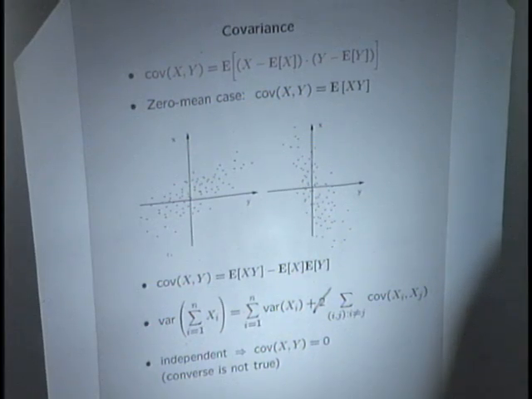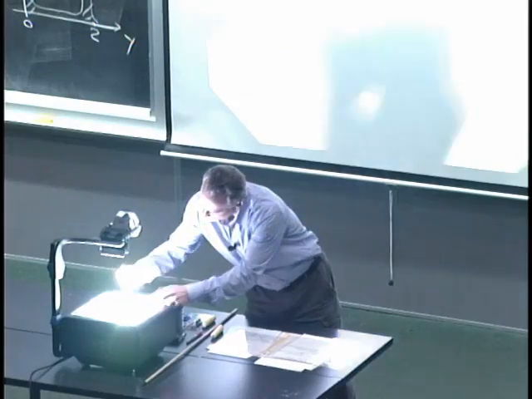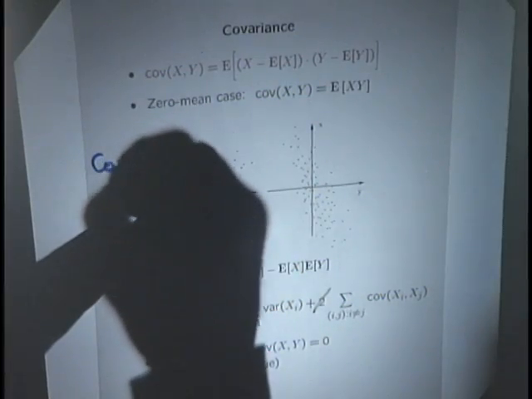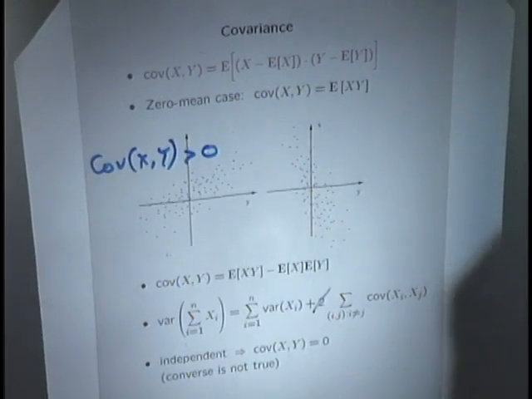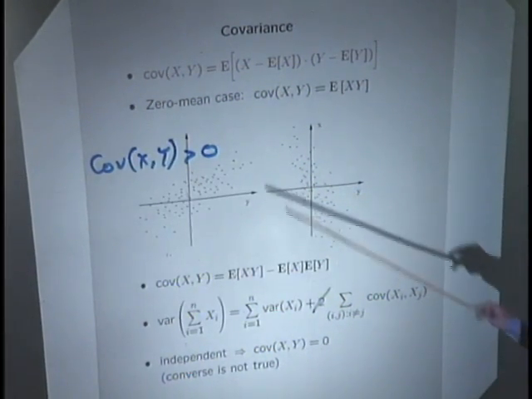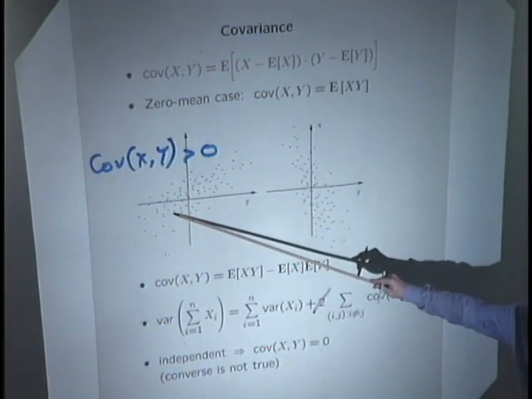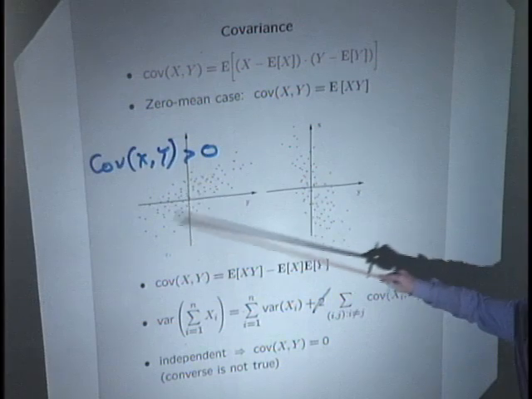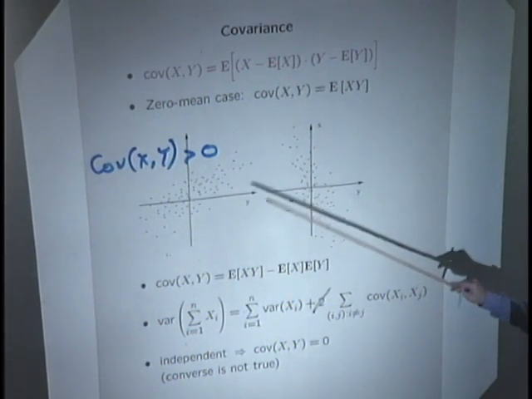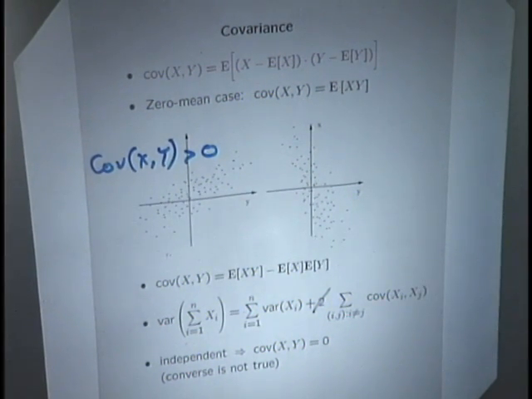In particular, if you sit down with this scatter diagram and you do the calculations, you'll find that the covariance of x and y in this diagram would be positive. Because here, most of the time, x times y is positive, there's going to be a few negative terms, but they're fewer than the positive ones. So this is a case of a positive covariance. It indicates a positive relation between the two random variables. When one is big, the other also tends to be big.